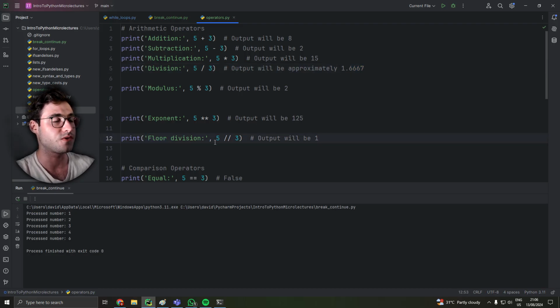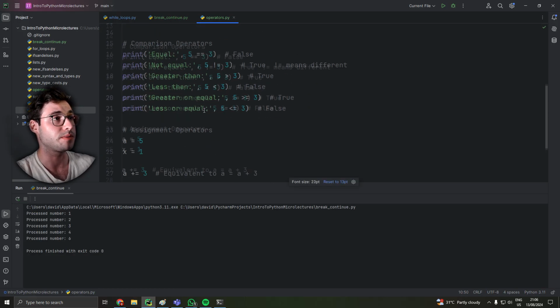So if we do 5 floor division 3, keep in mind that it has a double backslash, the result will be 1. So it takes the division and then rounds it down. Also pay attention that the exponent uses 2 asterisk symbols and not this symbol that you might have seen before.